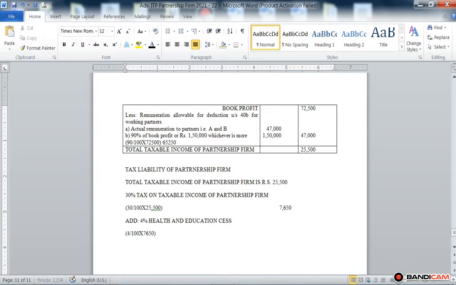Now make the total, and that total is the tax liability of the partnership firm. So here 7,956 is the tax liability of the partnership firm.